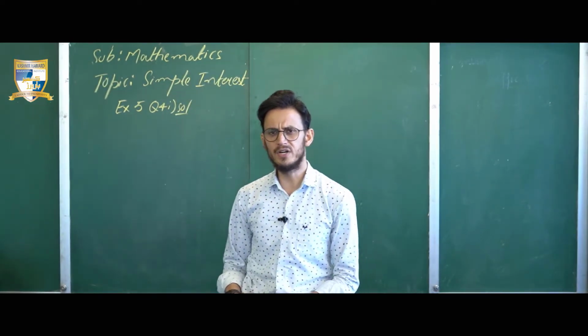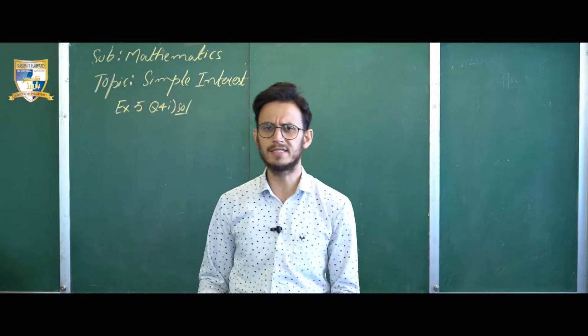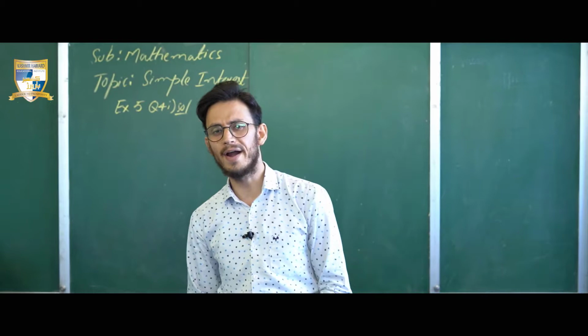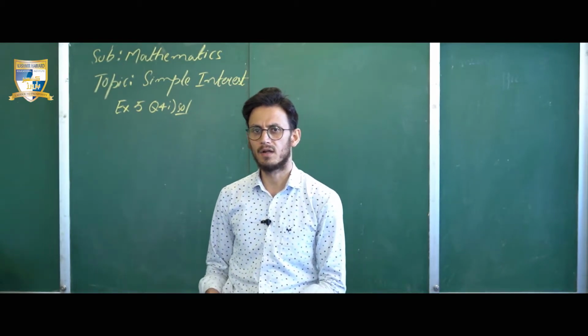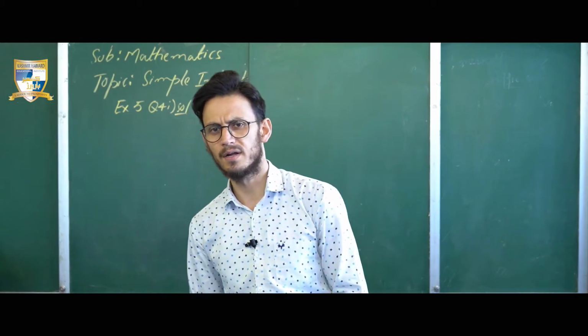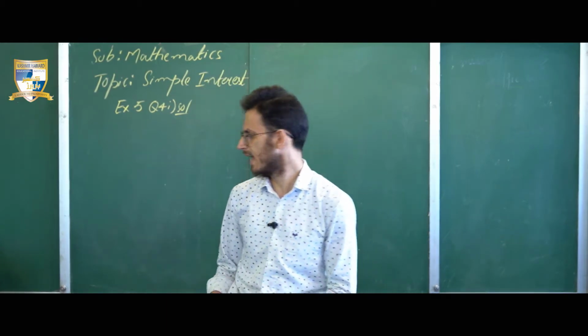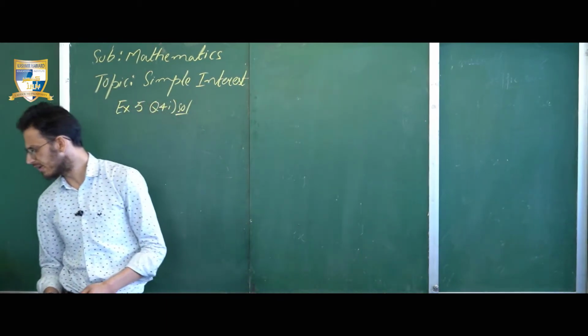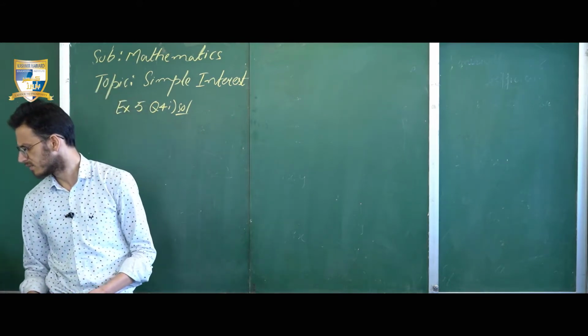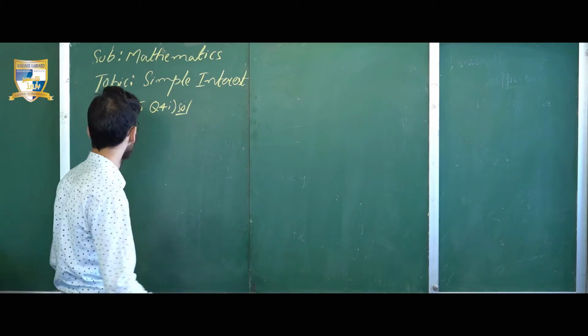In your previous video, I showed you some examples, some formulas related to how to find out the principal. To find out the principal, three things should be given: interest, rate, and time. And we can see here, everything is given. Now we have to calculate the sum. So what is given in the question?